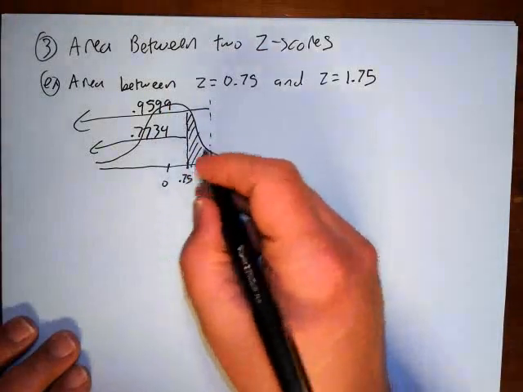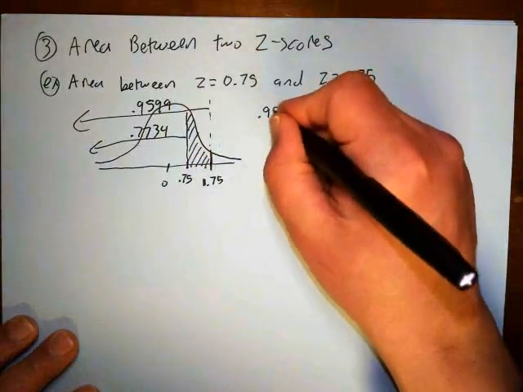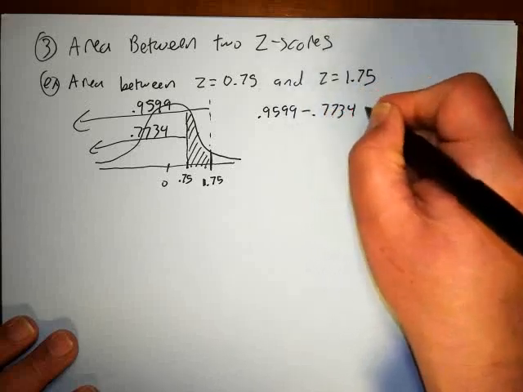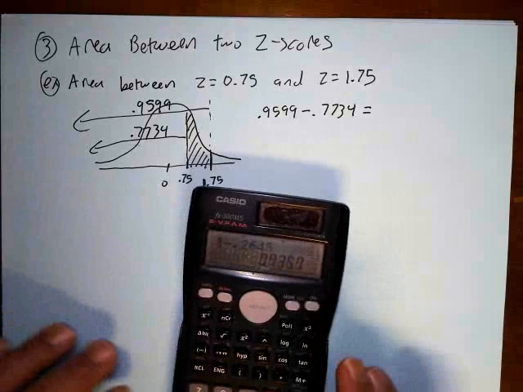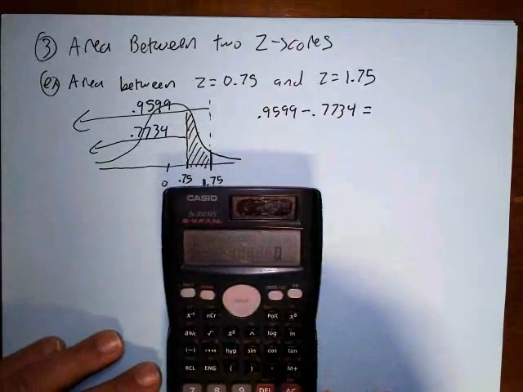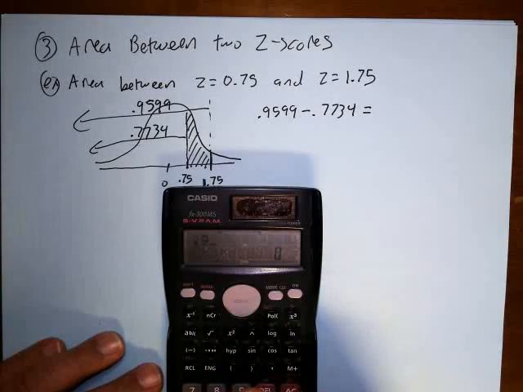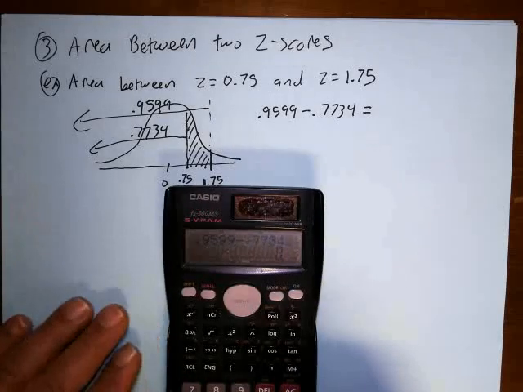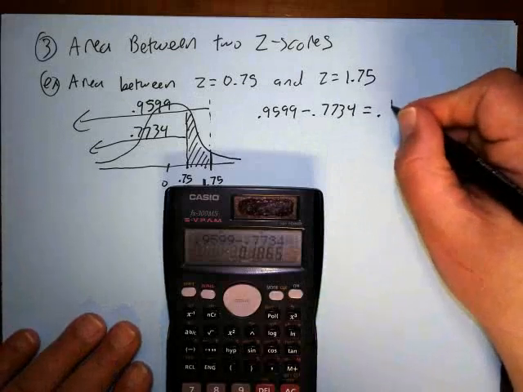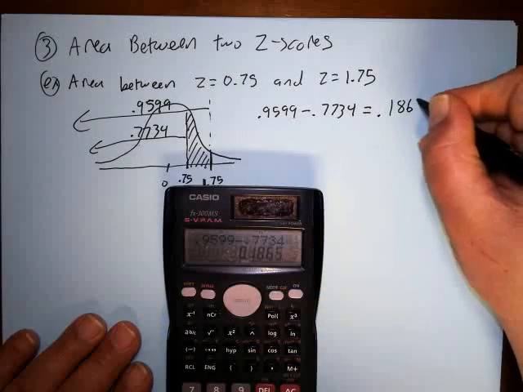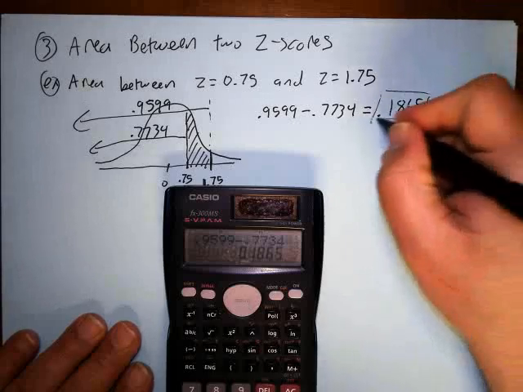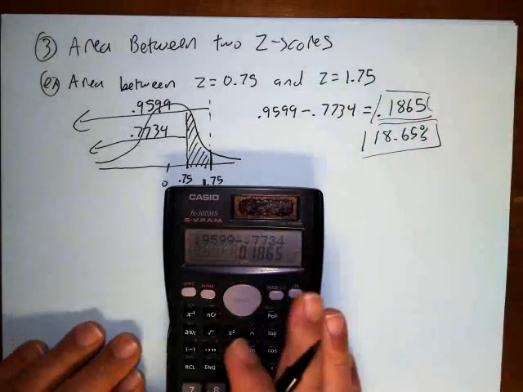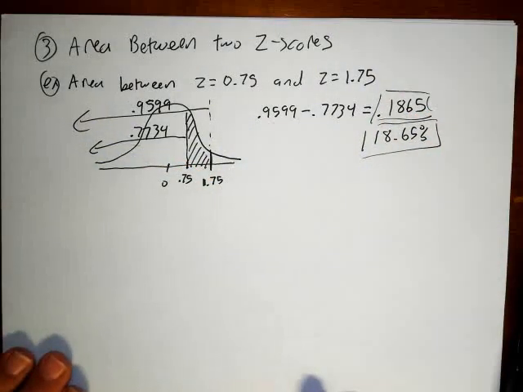So to get the area between, I subtract the 2 areas. I take the larger one minus the smaller one, and that's going to give me the area between. So 0.9599 minus 0.7734. So I get 0.1865, and that's the area between them. So 18.65% of the area lies between these 2 z-scores.